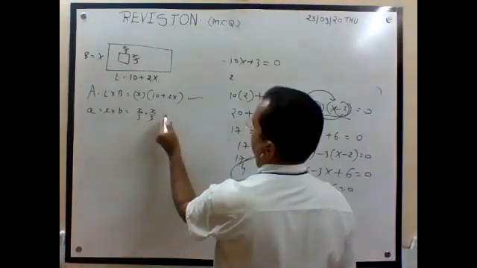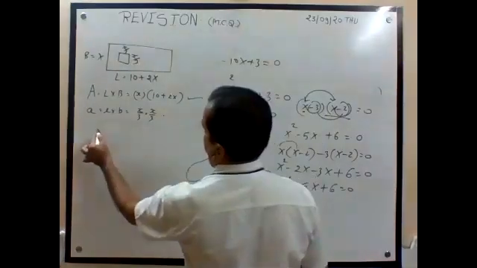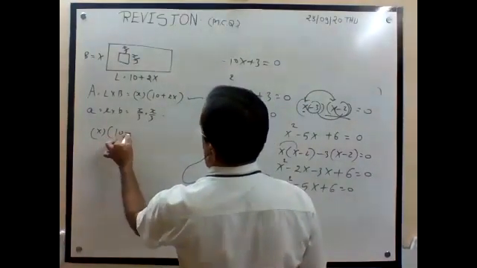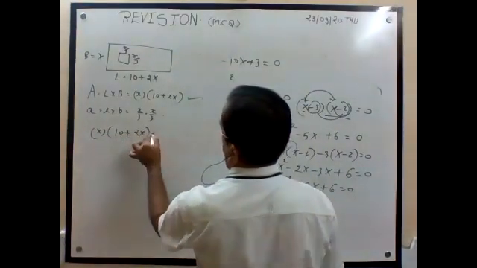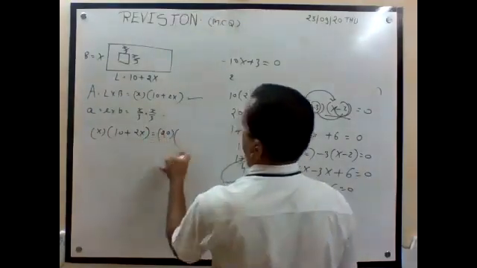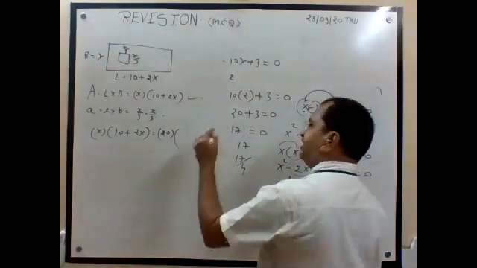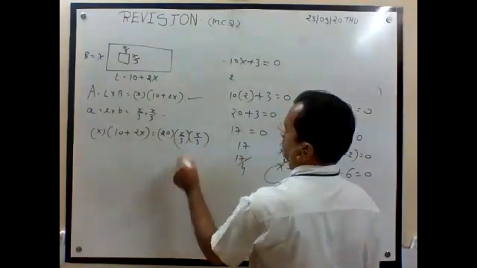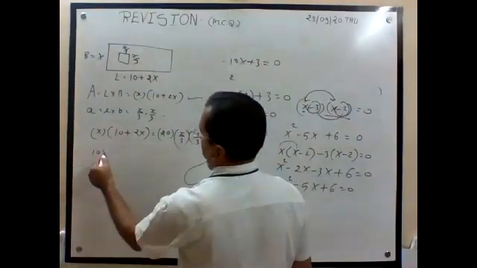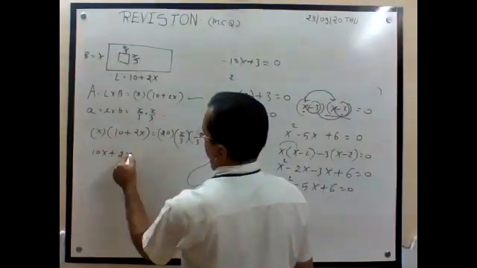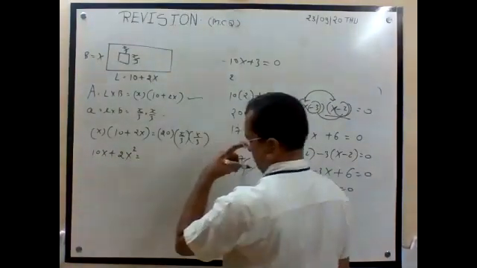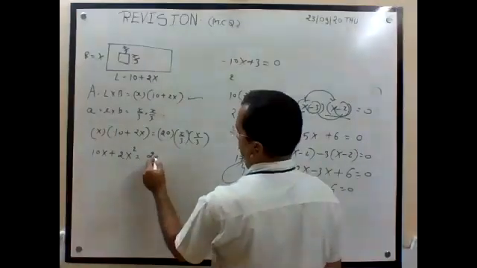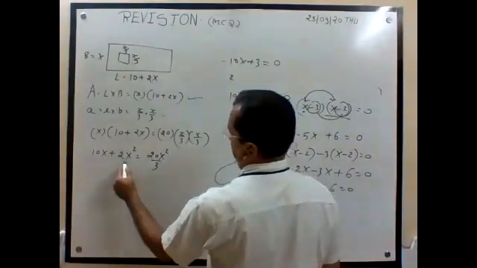So this area is 20 times this. Big area is equal to 20 times the small one. So this into this: 10x plus 2x square equals 20x square by 3.